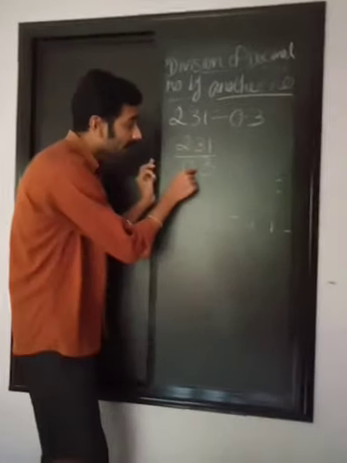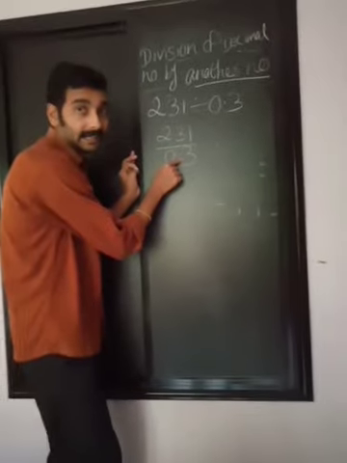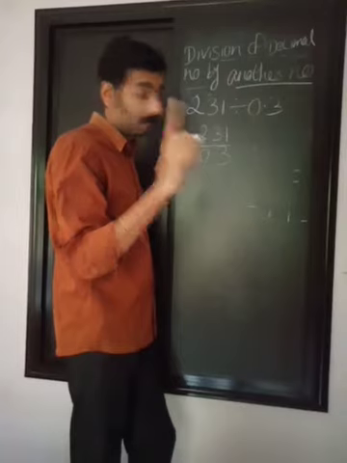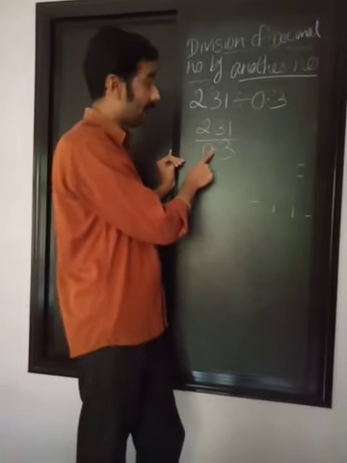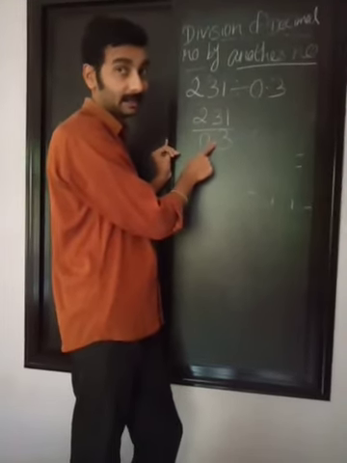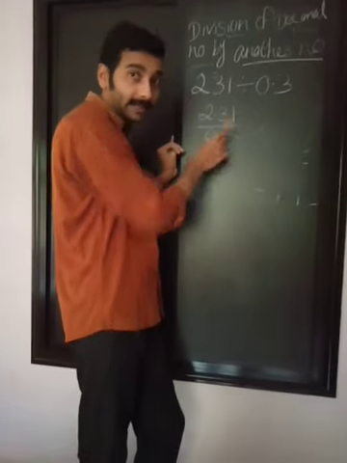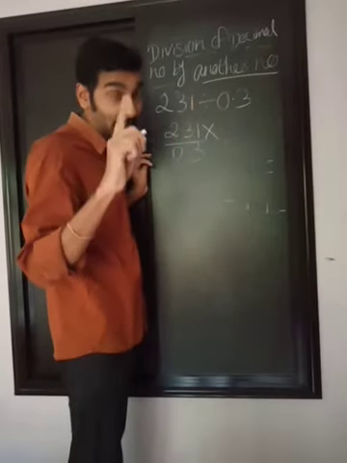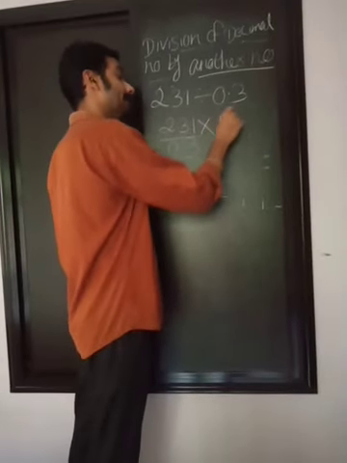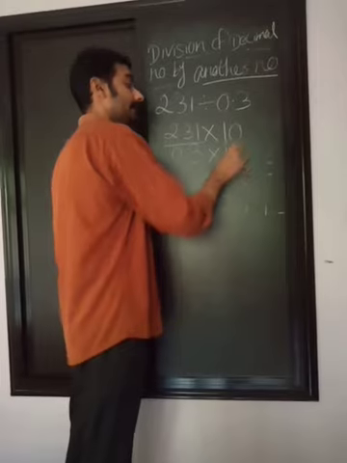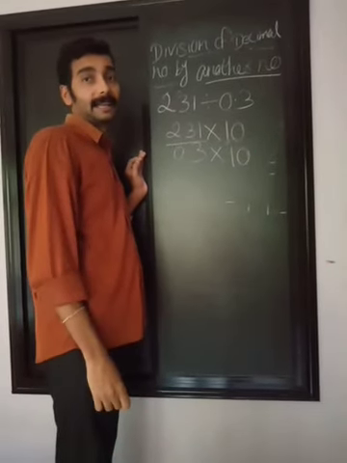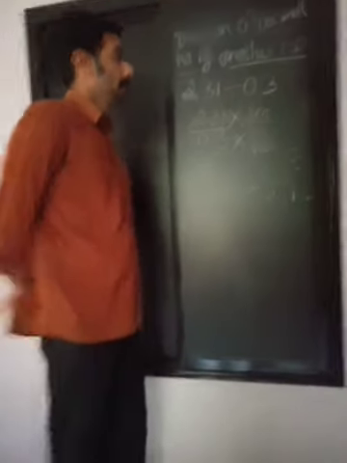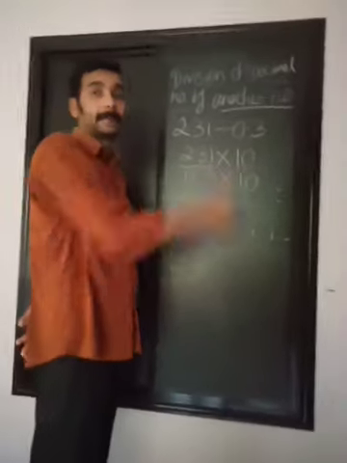We know the denominator. Denominator is in the form of one place of decimal. We first notice the denominator, only one place of decimal. We multiply by 10. Both numbers are multiplied by 10.